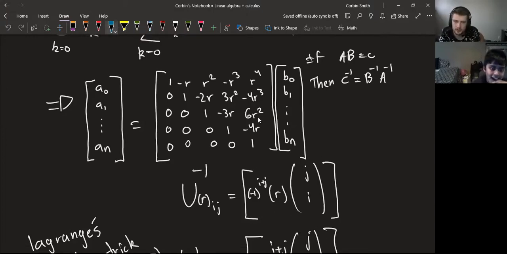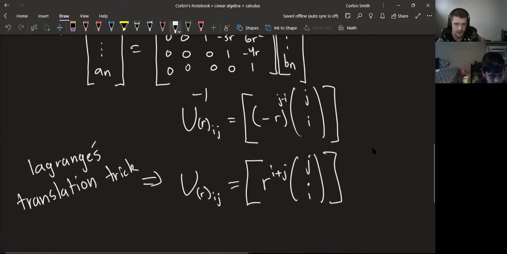It's row by column, so it's j minus I. Because j is the column that you're in, right? Wait, it starts from 0. Oh, I thought it started at 1. So we can have minus r to the j plus I, right? Does that work? J minus I.